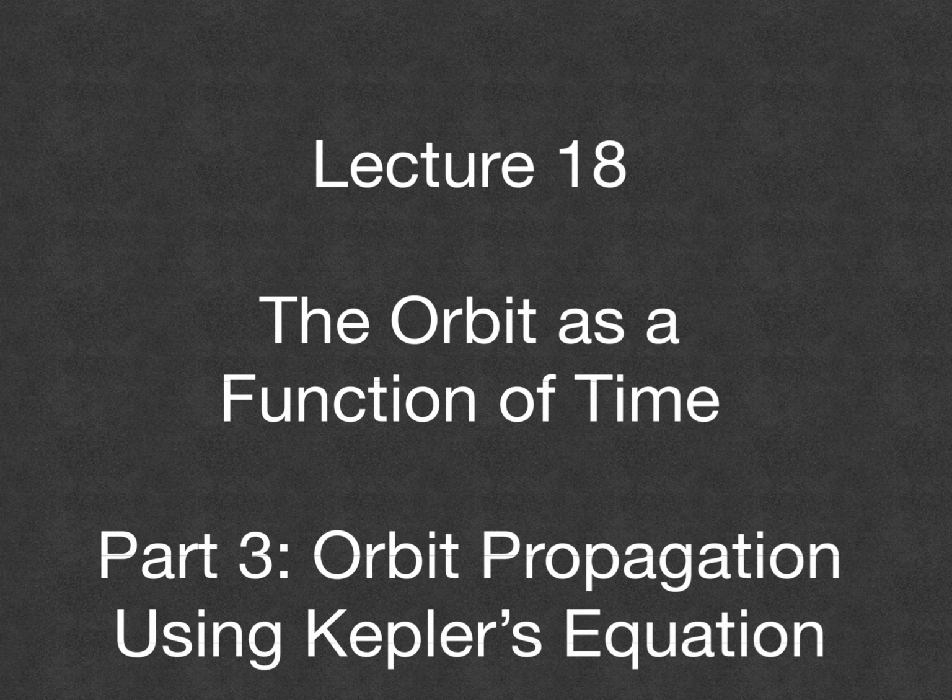The objective of this lecture is to provide the third part of the study of the orbit as a function of time. This lecture focuses on the development of a method for orbit propagation using Kepler's equation. This lecture is organized as follows.